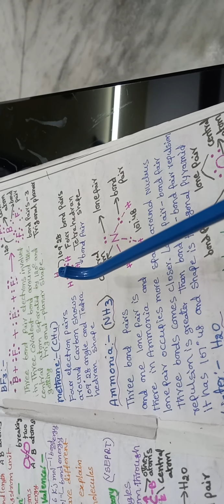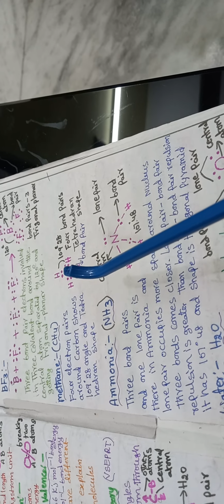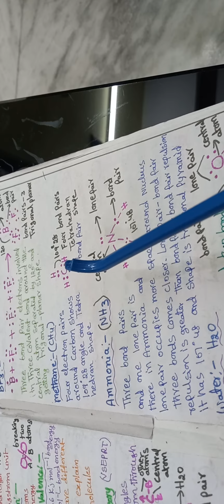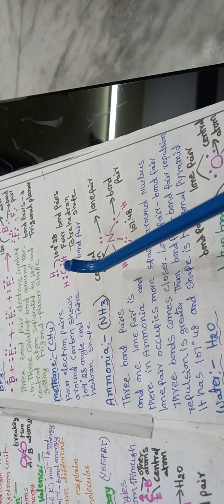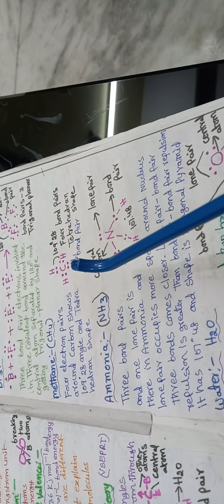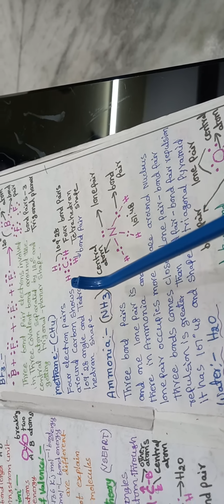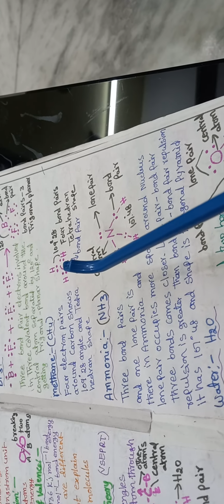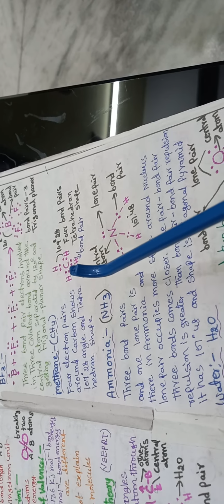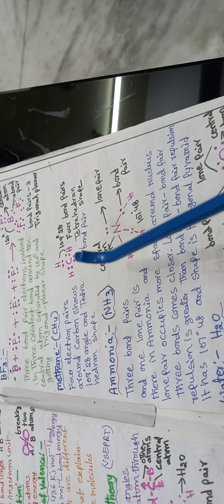Between carbon and one hydrogen, 2 bond pair electrons are there. With the second hydrogen, carbon shared 2 electrons, so a bond pair is there. Third hydrogen with carbon shared the bond pair electrons. Fourth hydrogen with carbon shared the bond pair electrons. So here also we cannot see the lone electrons.